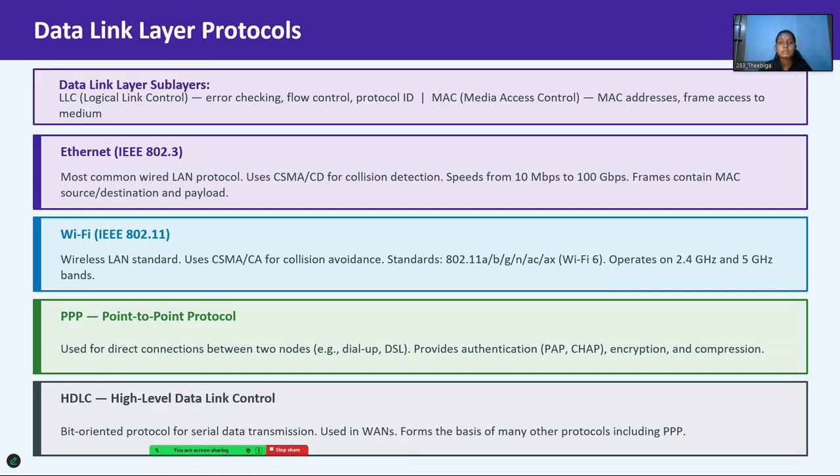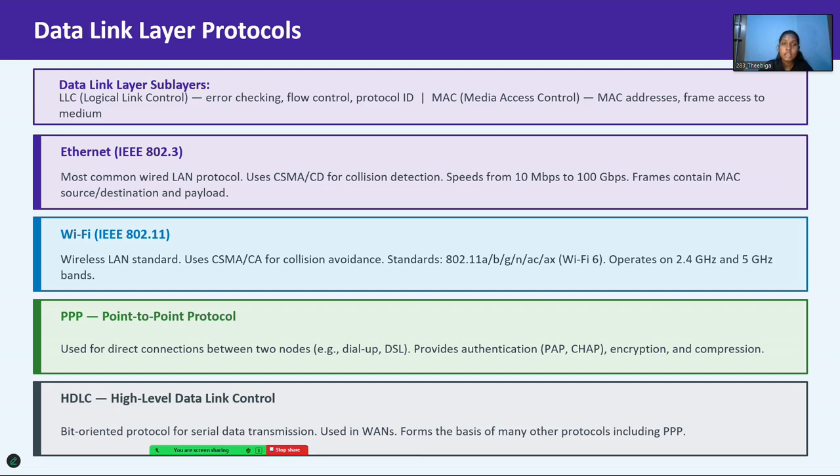The data link layer is split into two sublayers, which is worth noting. The LLC, or logical link control sublayer, handles error checking, flow control, and protocol identification. The MAC, media access control, deals with hardware addressing and controlling how devices access the physical medium.